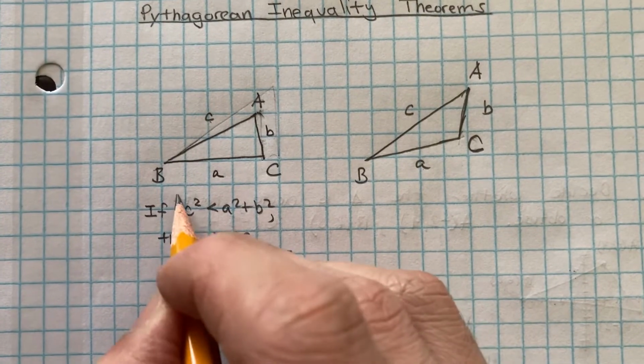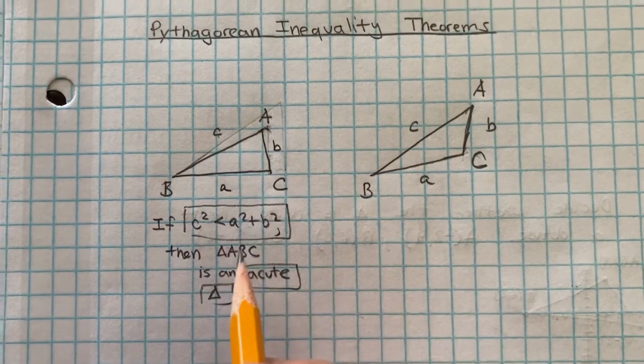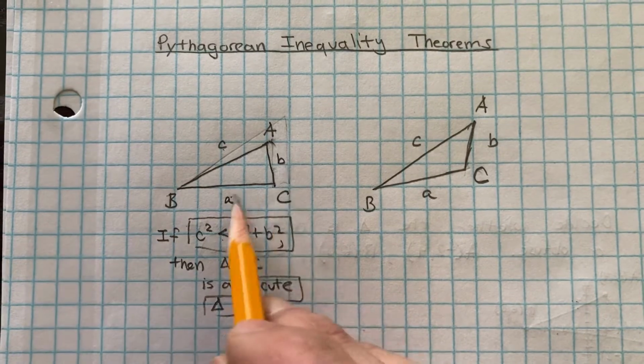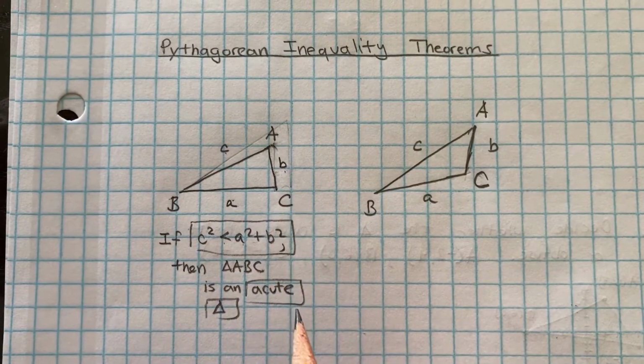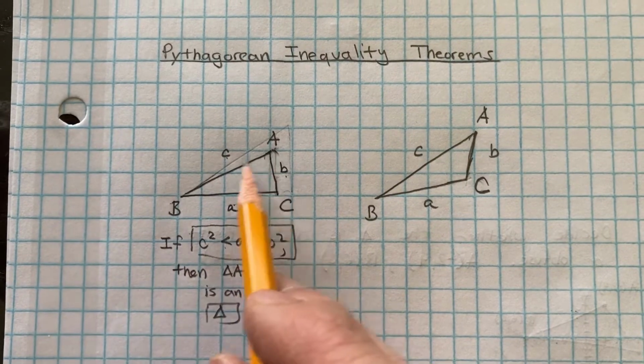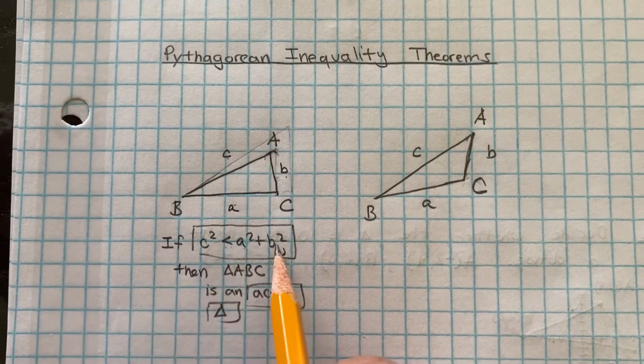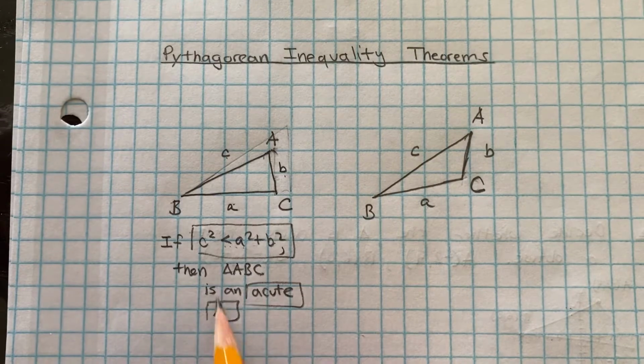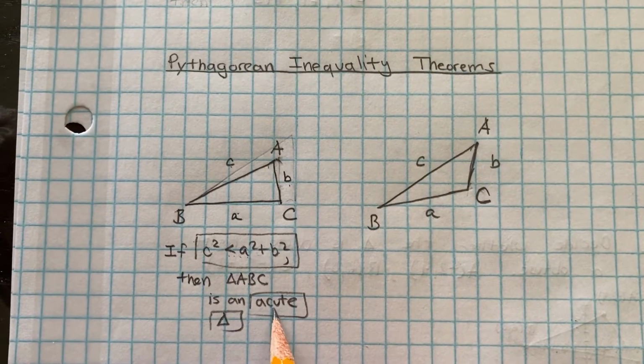Actually, we no longer call this the hypotenuse. We call it the longest side. If the longest side squared is less than the sum of the two legs squared, then we can say that ABC is an acute triangle.